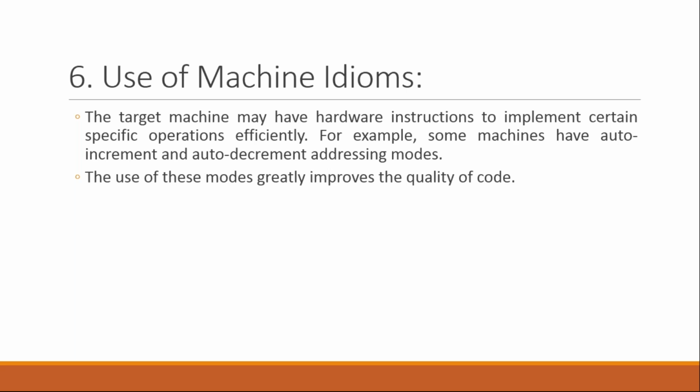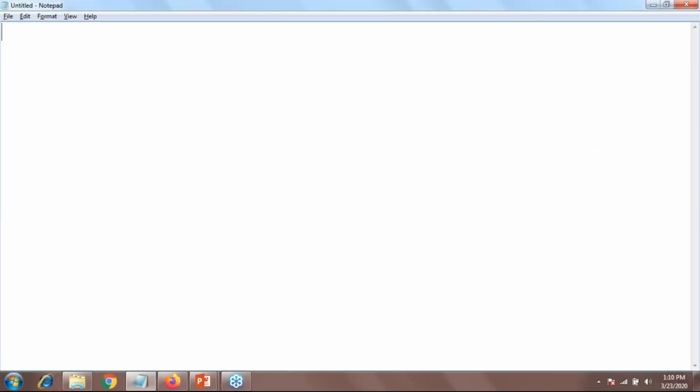This is a concept called auto increment or decrement addressing mode. Right now we have machines that can directly increment by one or directly decrement by one, as inbuilt functionalities. So instead of using addressing like I equals I plus 1 every time, you can just use the machine's inbuilt functionalities.